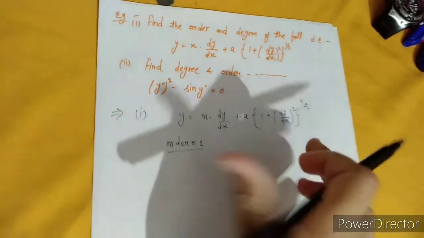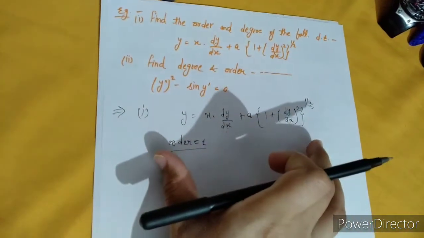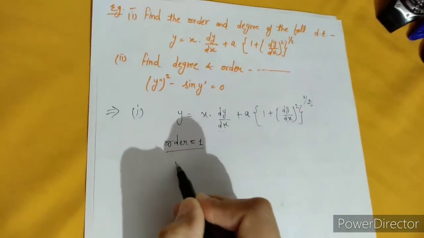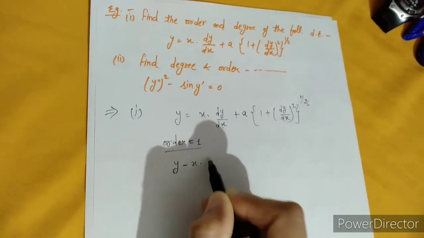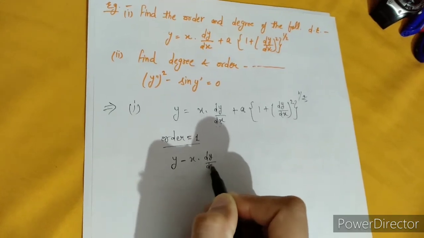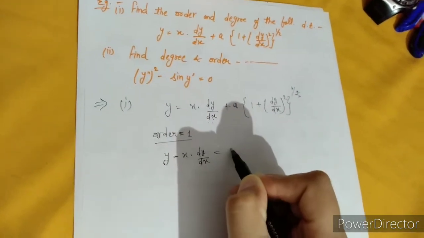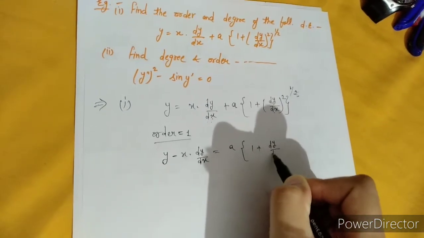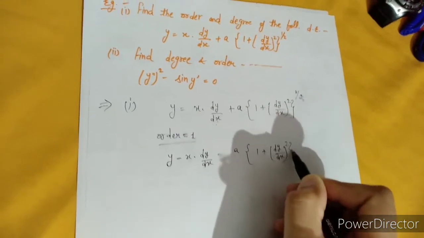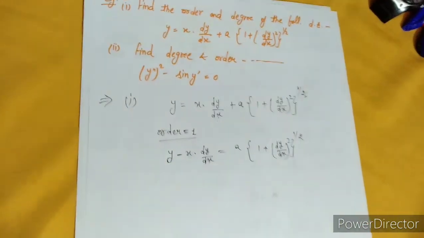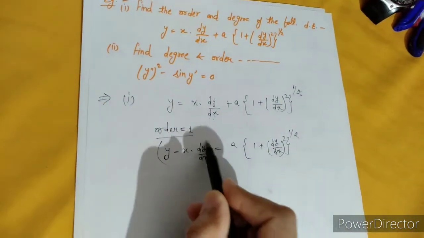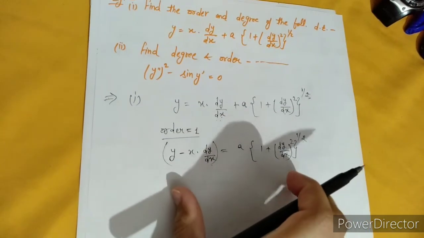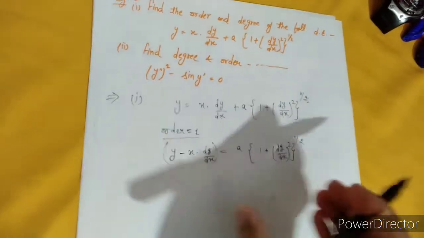So y - x dy/dx = a(1 + (dy/dx)²)^(1/2). This is one term and this is the other term, put on the left-hand side and right-hand side.